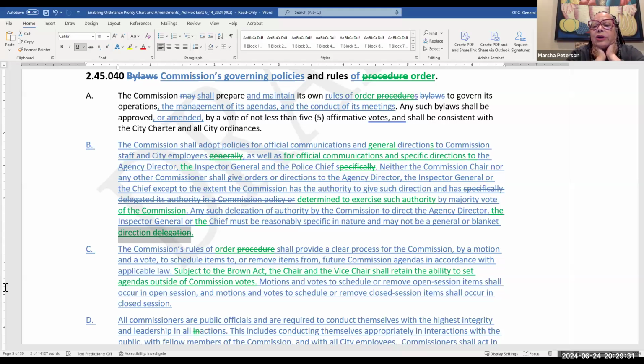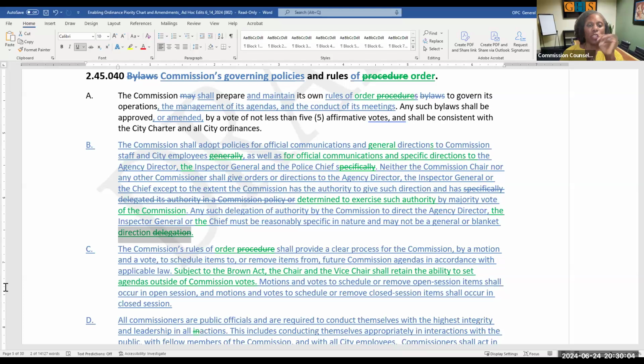And it wasn't the chair at the meeting asking for the information. The commissioner would say, but I would like to know X, Y, and Z. And the answer was, I talked to the chair. What do you do? And so I think that's what may not be a general or blanket direction. It has to be coordinated and be within our authority. I don't know how to say this any better.